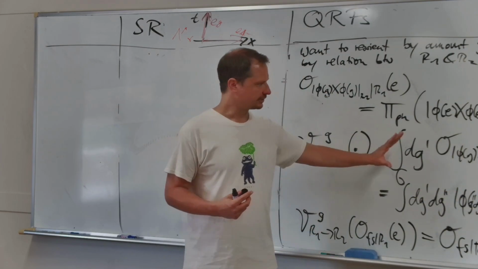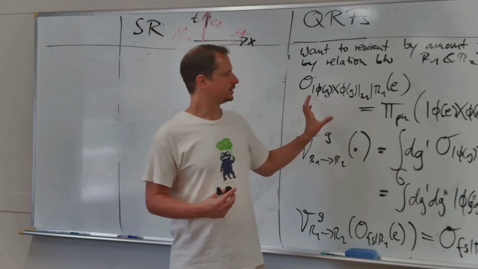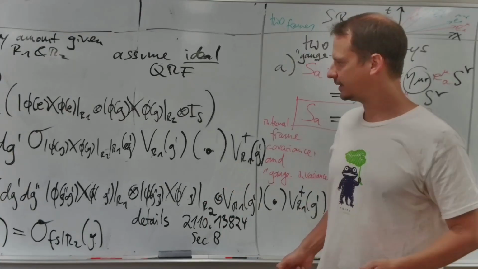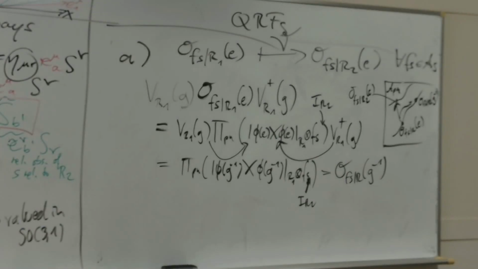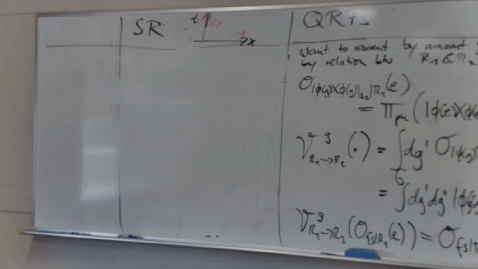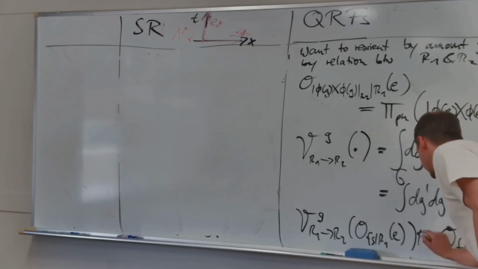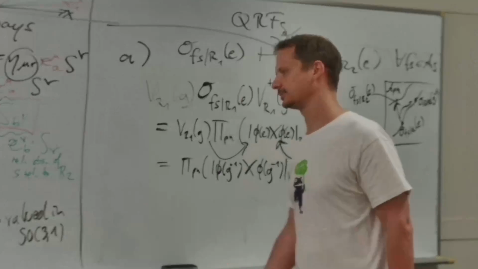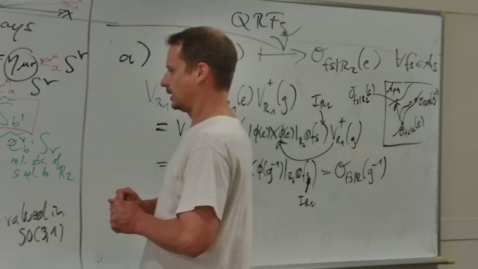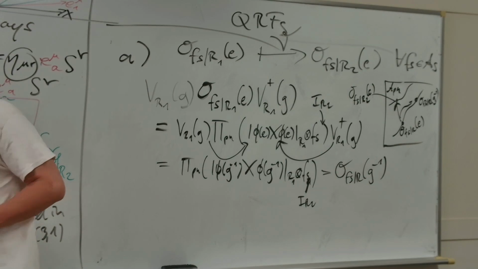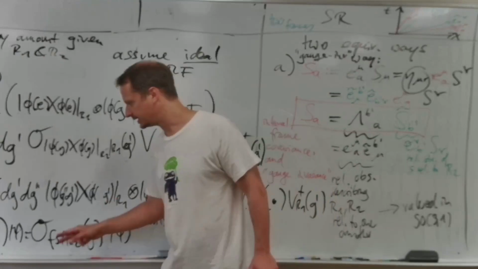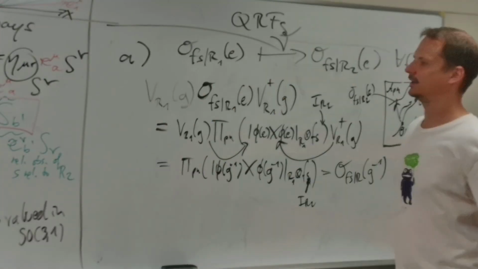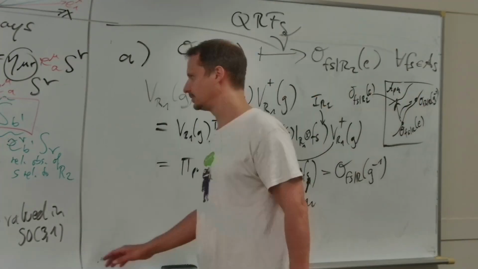But in the way in which I wrote it, when you act on physical states, this is equivalent to the G-twirl. So if you evaluate this thing here on physical states, then it's just using the equality for all respective physical states. So again, if you want to see the details of why this follows from this expression here, you can check that reference. It'll be a few lines for you to check that.